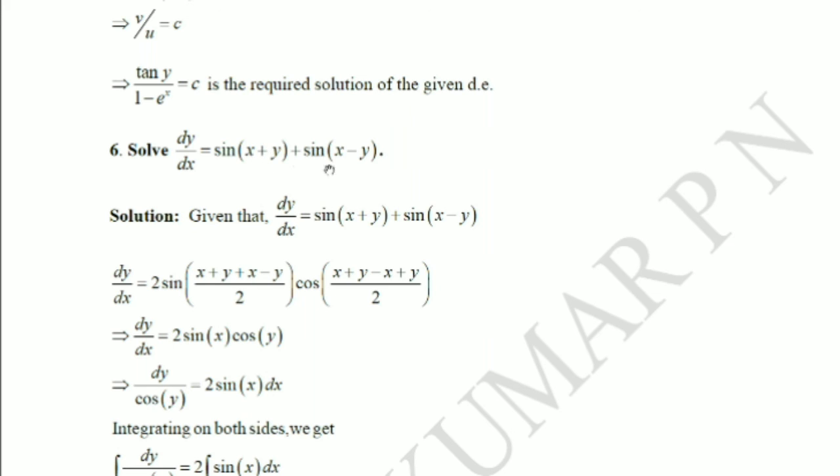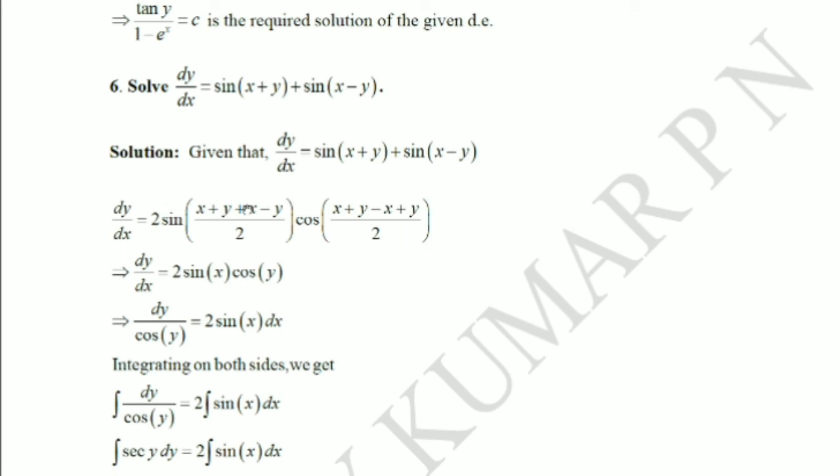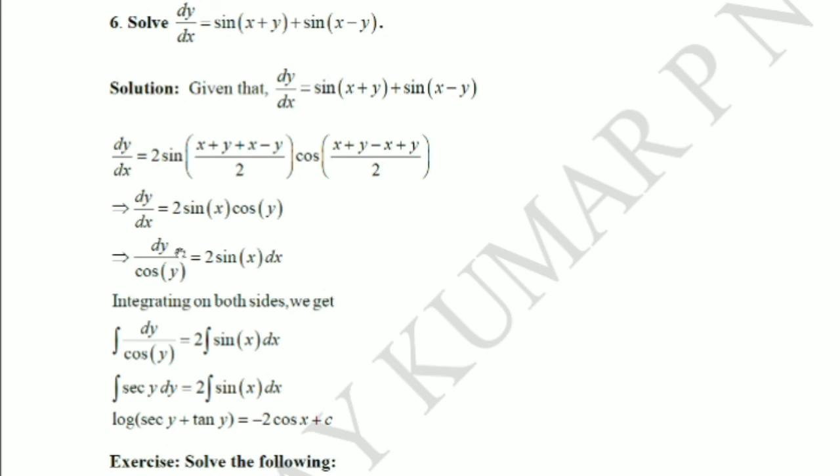C is x plus y, d is x minus y, right? C plus d by 2 into cos c minus d, minus of x minus y is minus x, minus into minus y is plus y. Now plus y minus y cancels, 2x by 2 is x, plus x minus x cancels, 2y by 2 is y. So you will get 2 sin x into cos y.